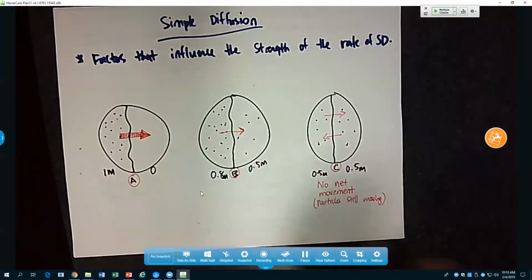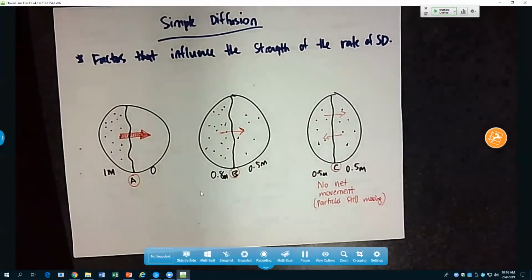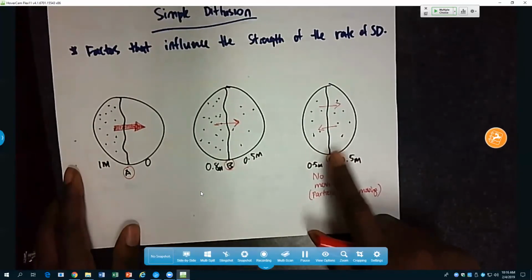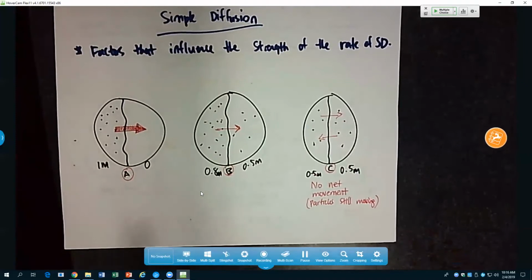Okay, so although the particles are still moving, we have no net accumulation on either side. Okay, so these are some of the factors that affect the rate of diffusion, or the magnitude of the diffusion. Okay, any questions on that?